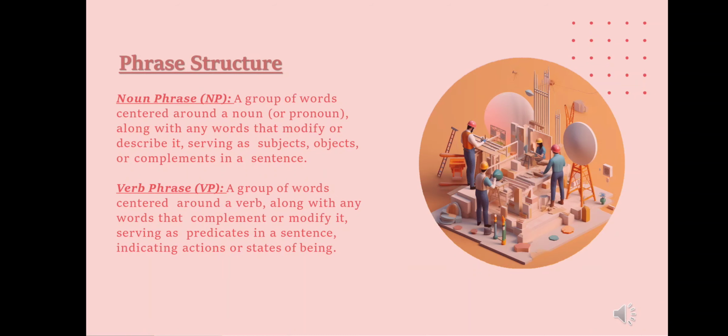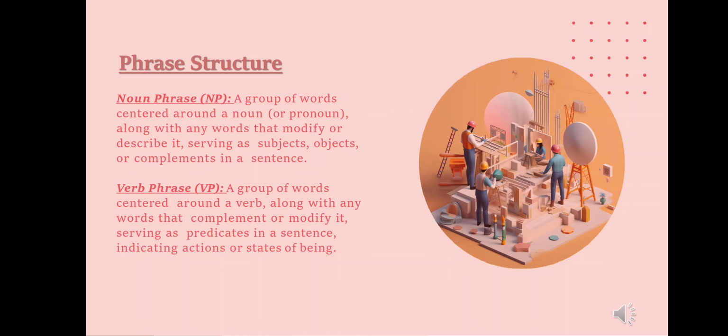As we deconstruct sentences to understand their inner groups of words that work together to convey a single idea, we will understand that phrase structure involves recognizing the different types of phrases and how they function within the sentence itself. There are several types of phrases, including noun phrase, verb phrase, adjective phrase, adverb phrase, and prepositional phrase.